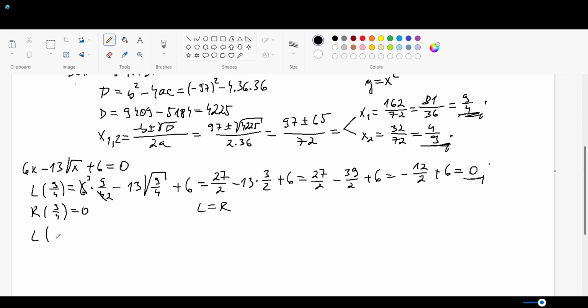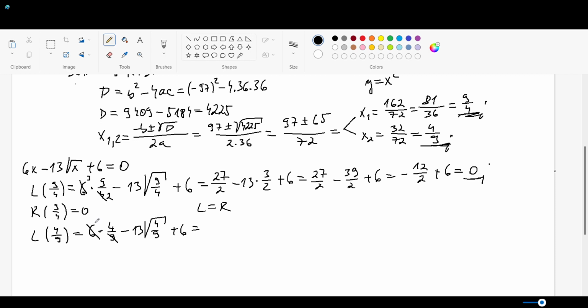Now let's calculate the left side for 4 over 9, which is equal to 6 times 4 over 9 minus 13 times square root of 4 over 9 plus 6. This is equal to, 6 and 9 can be simplified.